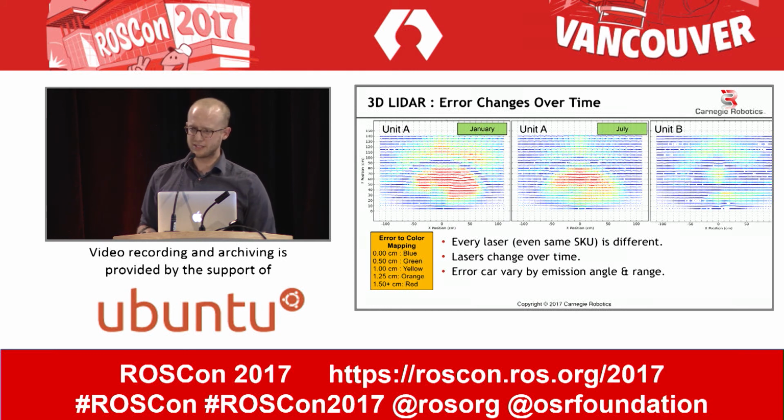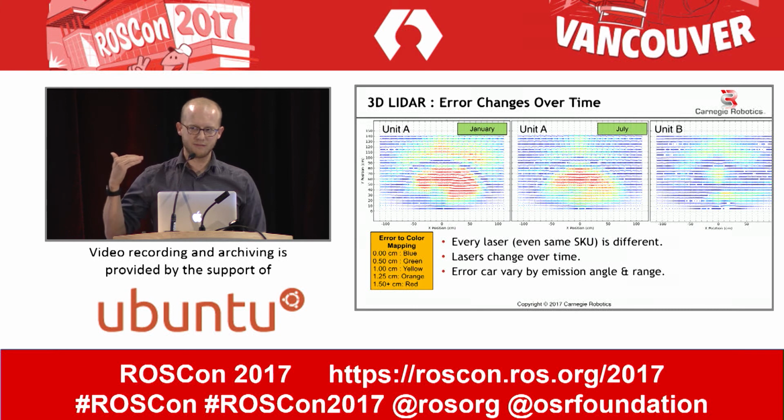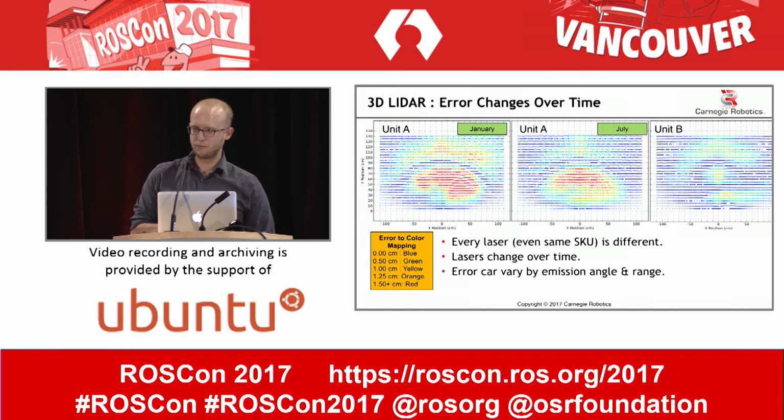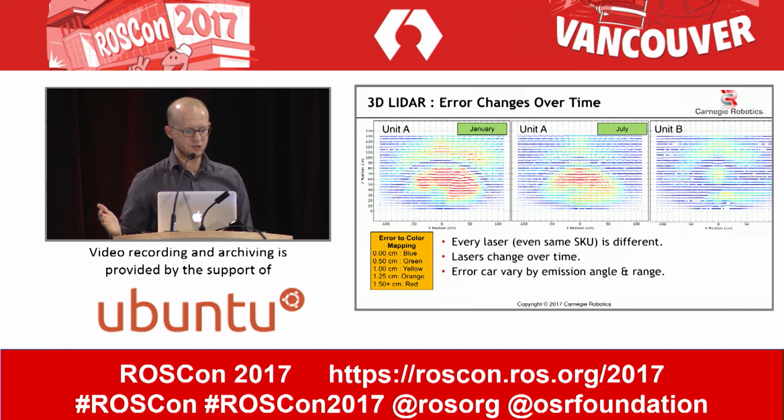Sensors can also change over time. This is 2 different units. We put them on a flat wall and did scans of this flat wall and slowly pulled the sensor away. So each line of data here horizontally is pulling that 3D laser 5 centimeters away from the wall. And you see that this one unit, Unit A, actually changed in accuracy from the first time we tested it in January to when we tested it again in July.